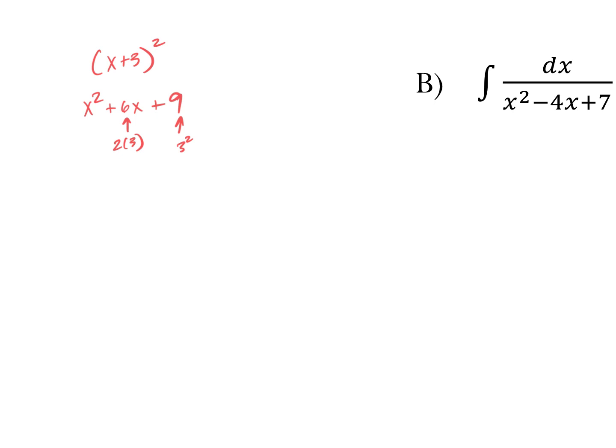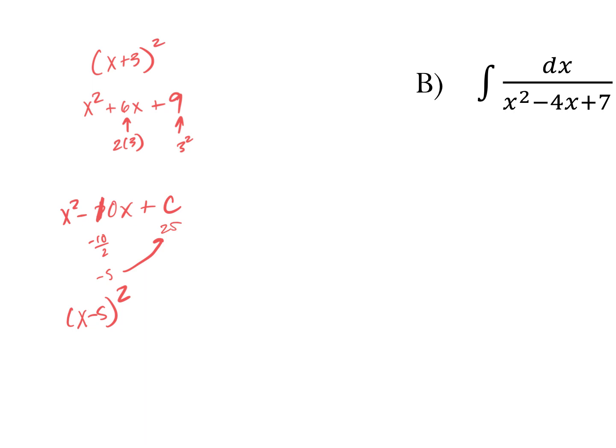So if I gave you x squared minus 10x plus c, and I said, what value of c would make this a perfect square? It would be 25. And how are you getting that 25? You're doing negative 10 divided by 2 is negative 5, and then when you square that negative 5, you get positive 25. And then the result of that is x minus 5, the quantity squared.